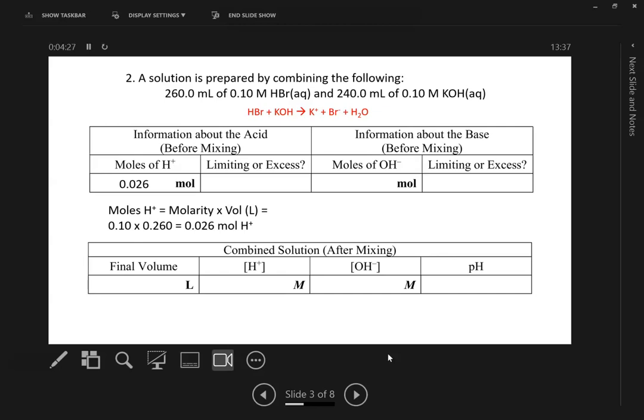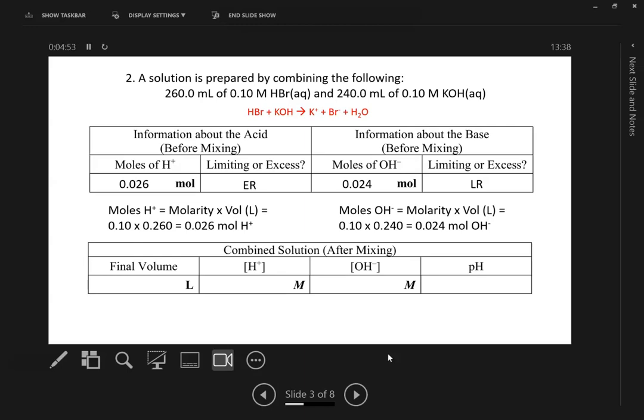I can do the same for my strong base, and I get 0.024 moles of hydroxide. And now I do have a limiting and an excess reagent. I can see that my acid is going to be slightly in excess of my base, so that makes my acid my excess reagent, my base the limiting reagent.